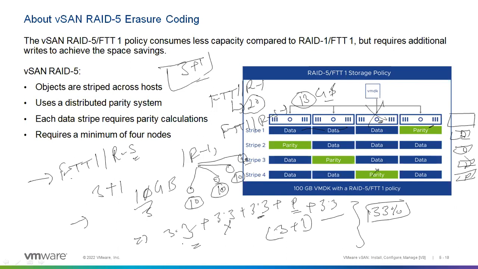I gave you an example, 3.3, 3.3, 3.3, 3.3. That's it, because this parity is just a mathematical calculation, something from here, something from here, something from here, and it can regenerate the lost data. So within RAID 5, I would use only 133%, or simply you could say 33% more than original data as compared to FTT1 RAID 1.